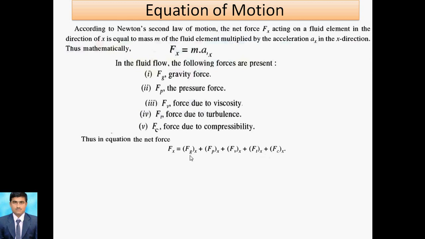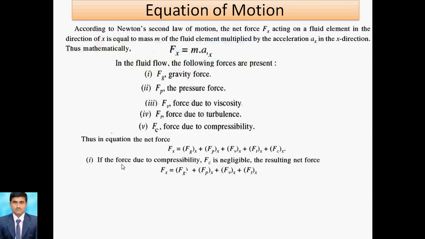Fg means gravity force, Fp means pressure force, Fv means viscosity force, Ft is turbulent force, and Fc is compressibility force. All of these are in the x direction, which is why we write x as a subscript.